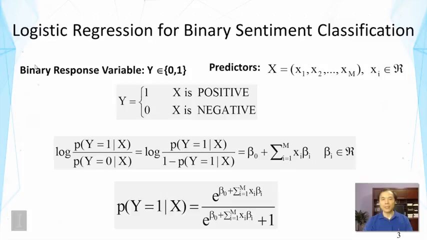And so that's a logistic function, and you can see it relates the probability that y equals 1 to the feature values. And of course, the beta i's are parameters here. So this is just a direct application of logistic regression for binary categorization.